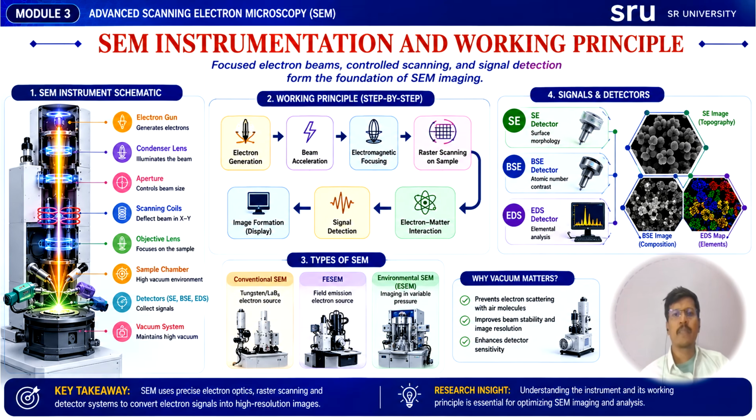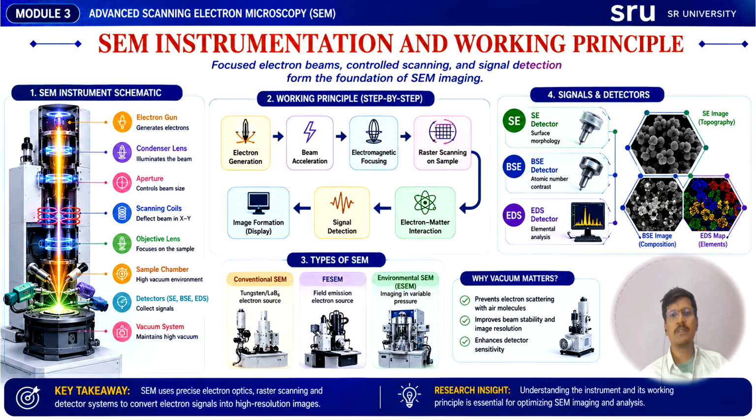So here we also introduce the different types of SEM systems. The conventional SEM operates under high vacuum, and the field emission scanning electron microscope, formerly known as FESEM, uses a field emission electron source and provides significantly higher resolution than the conventional SEM.